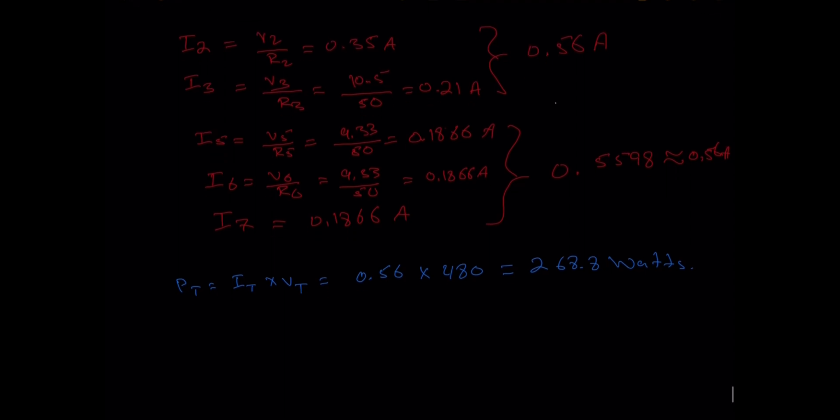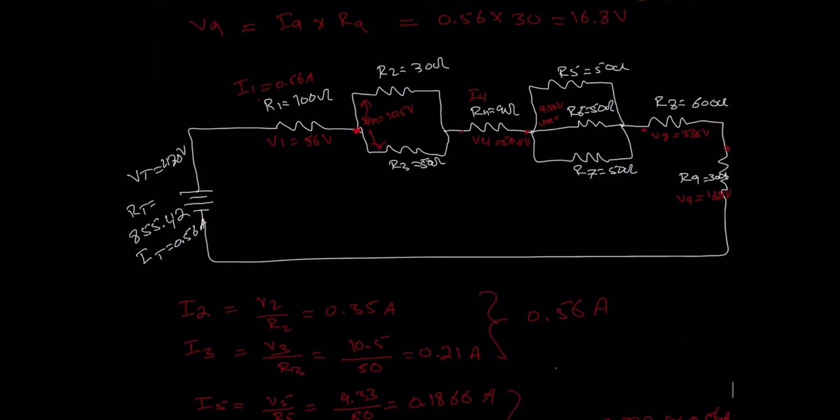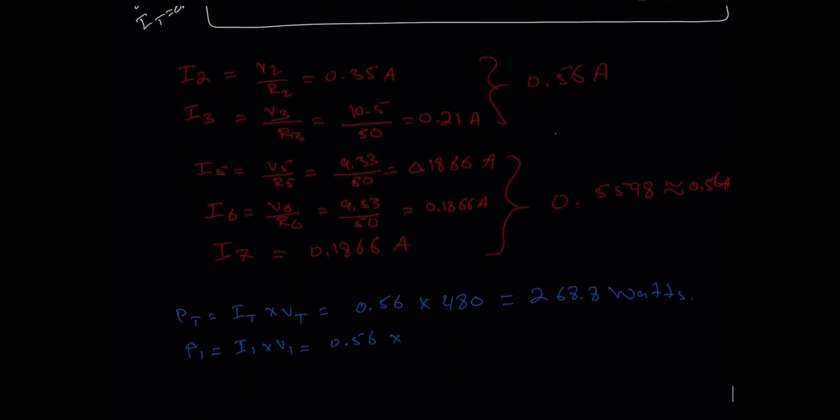We can find the individual power. P1 is equal to I1 times V1. I1 is 0.56 amp times V1 is 56 volt. 0.56 times 56 volt will give me 31.36 watts for P1.